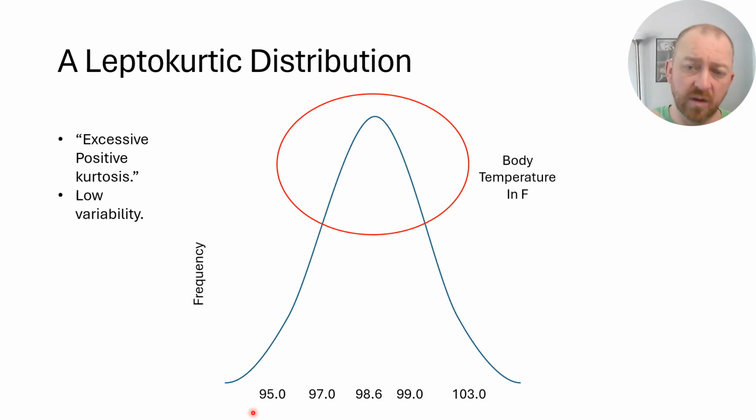Now, a couple of things that you could do to get beyond this, if you really need to get a normal distribution, is you can increase the options that you have on the x-axis. So for example, instead of going out to just one decimal point on Fahrenheit, maybe if I need to get a normal distribution in body temperature, but I don't want to manipulate the data, maybe instead of measuring people with just 1 decimal point, now I start measuring people at 2 decimal points.